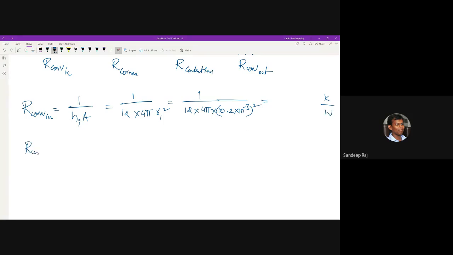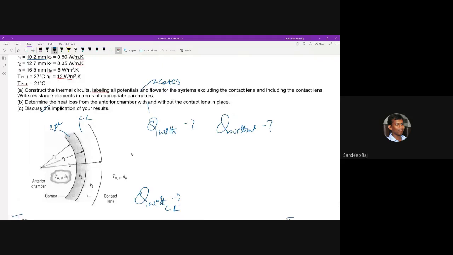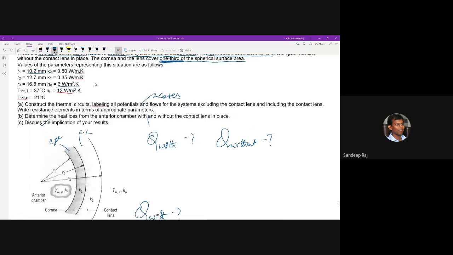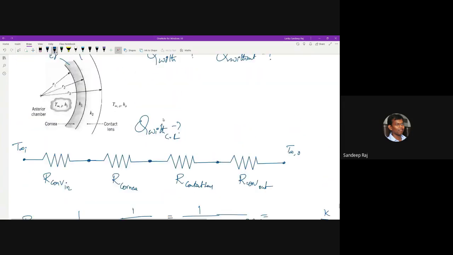Then let me calculate the R convection out value also. It is 1 by HO and A. HO is given in the question as 6 watt per meter square Kelvin. Let me put that 6 here, 4 pi, and this is R3 square because we are considering it with the contact lens.